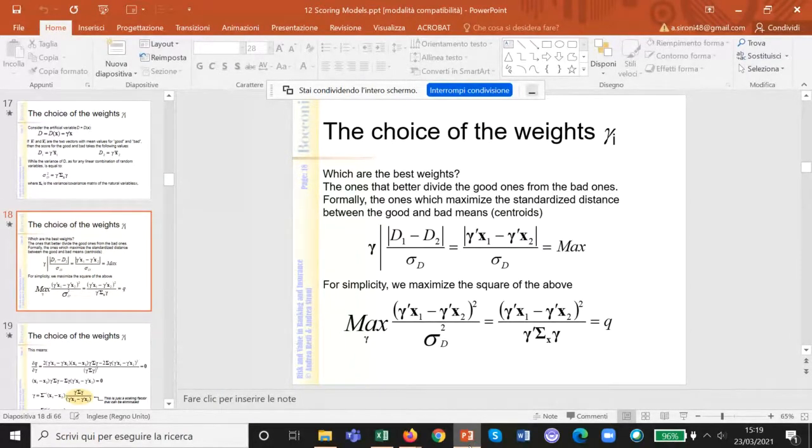Now, as you can see in the next passages, first of all, for simplicity, we maximize the square of the above, and we get what we have here with the variance covariance matrix, which is easier, okay?